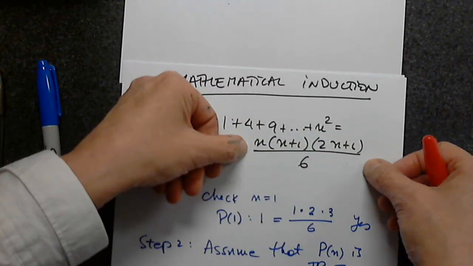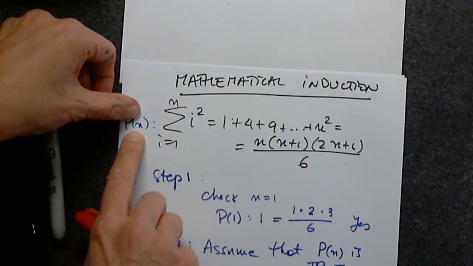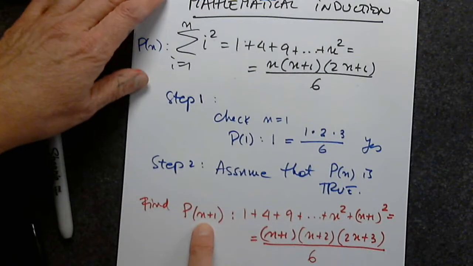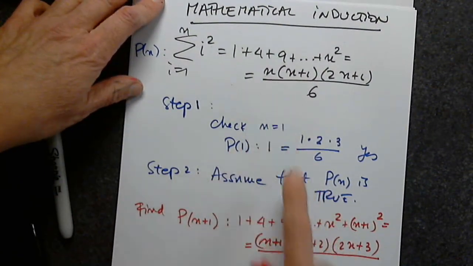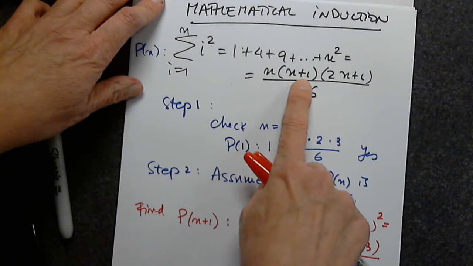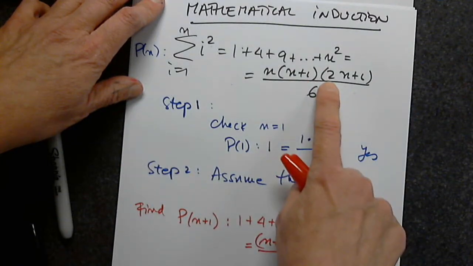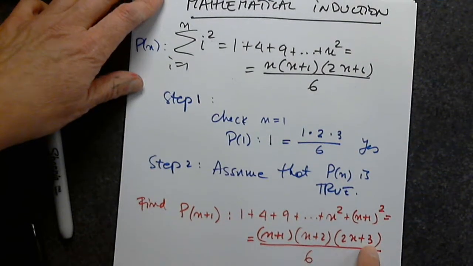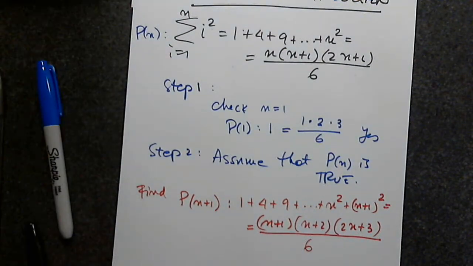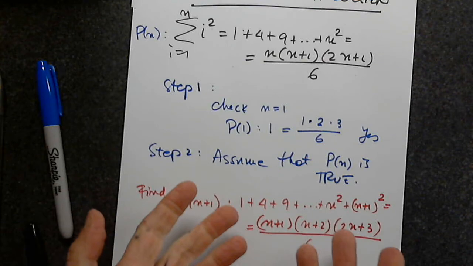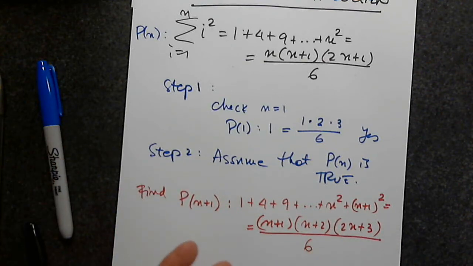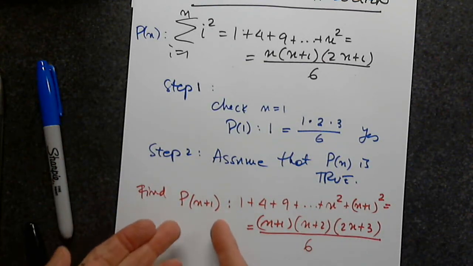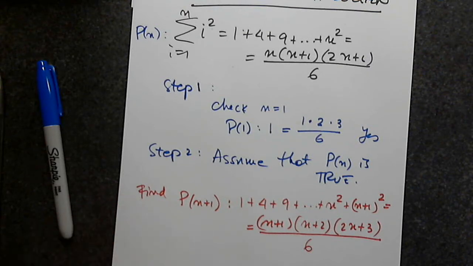Then the right-hand side has to have, instead of n, n plus 1. (n plus 1), (n plus 1 plus 1). 2 times (n plus 1) is 2n plus 2, plus 1 is this. So I assumed that Pn was true. I used it to create P of n plus 1.